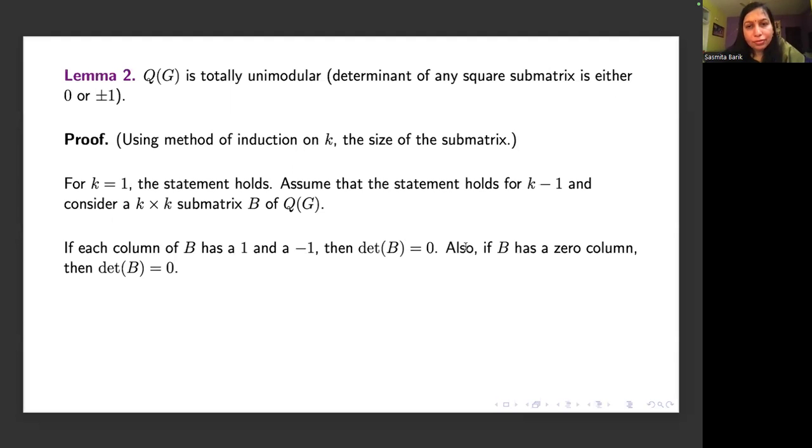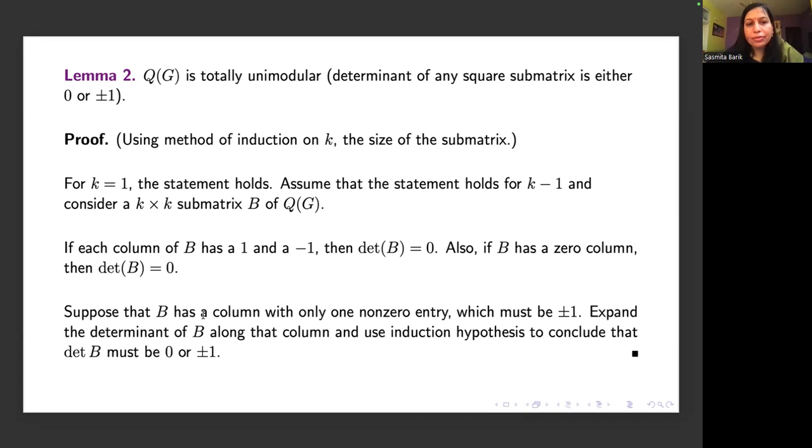So if these two cases are not happening, meaning not all columns have a plus 1 and a minus 1, and there is no 0 column, then you have at least one column which contains only one non-zero entry. That may be plus 1 or minus 1. In that case, when you calculate the determinant, just expand the determinant corresponding to that entry. Then you will get plus 1 or minus 1 times the determinant of a submatrix of size k minus 1.